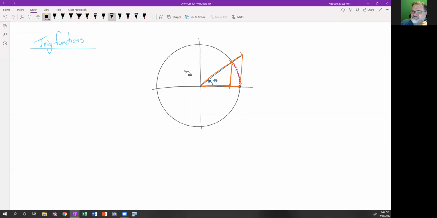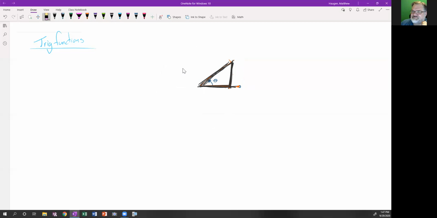So what we're going to do to start is just grab this triangle here and focus on the relationships in terms of this triangle. And then when we get back to our circular definition, our triangle will fit inside that circle as shown and allow us to extend what we learned about the triangles to angles in a circle.